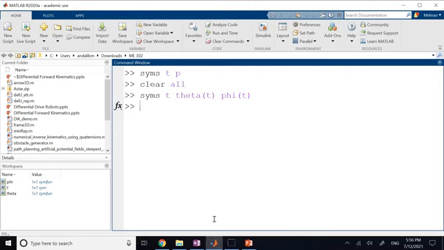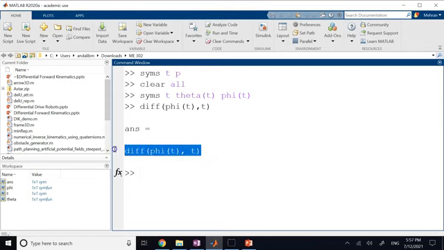Okay, now since they are functions of t, I can take time derivative from them. I can say what is diff of phi of t and t. Okay, it can take time derivative. It's not going to give me an error, and I can even define this as a new variable, call it phi dot. Okay, so I can do that.